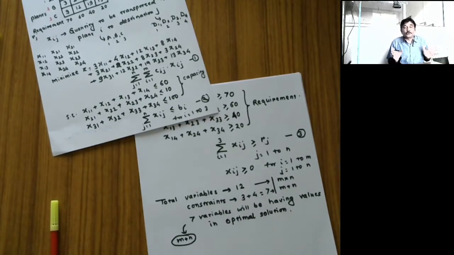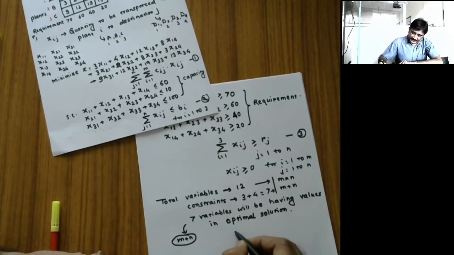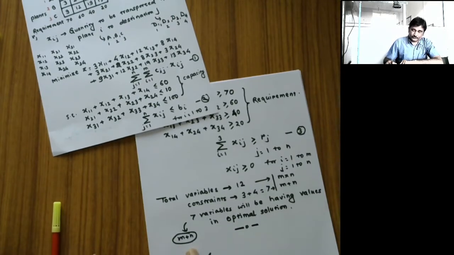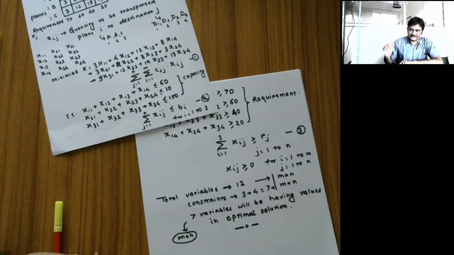Out of m into n variables, m plus n variables will have values, and the remaining will be 0. This is an important discussion. We will get the significance of what we have discussed here just ahead.